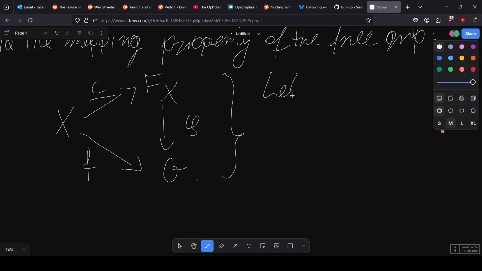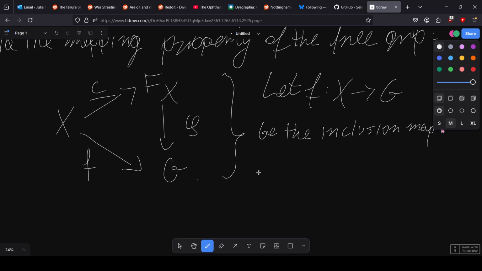So we let f from X to G be the inclusion map from X to G. So what we're essentially doing is moving from the set to the group. Same symbol, nothing really happens.